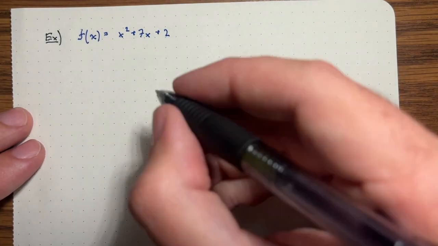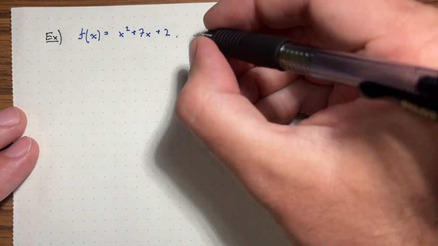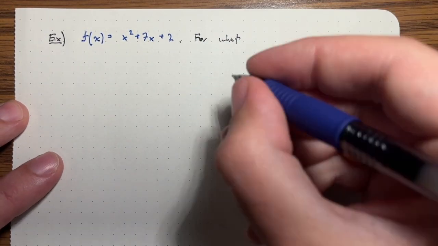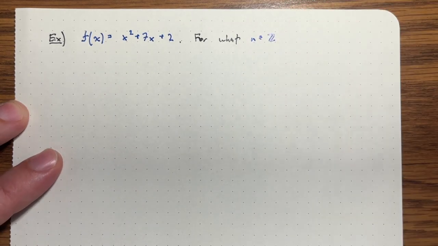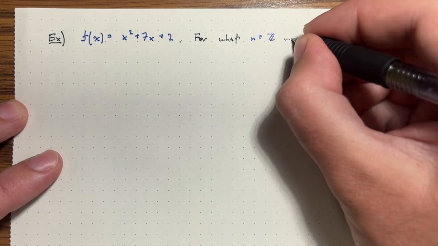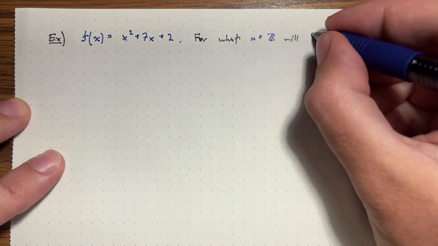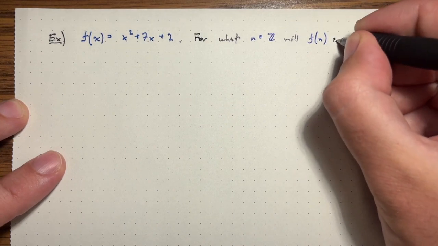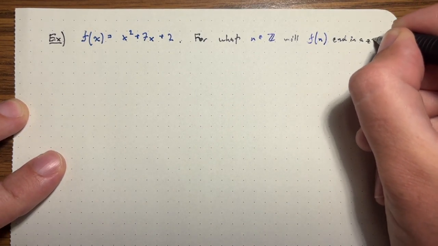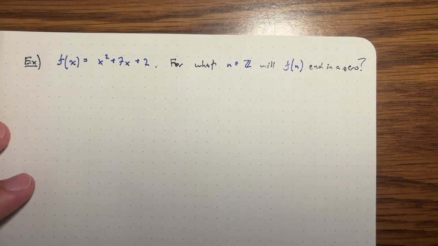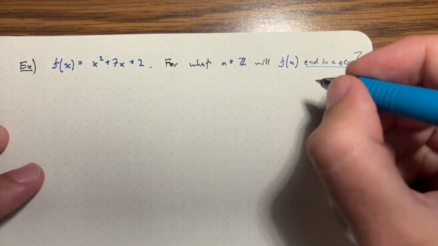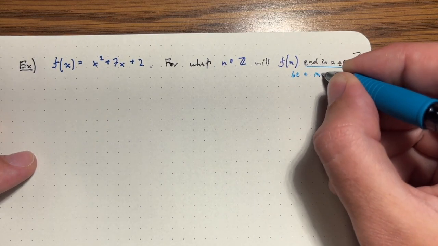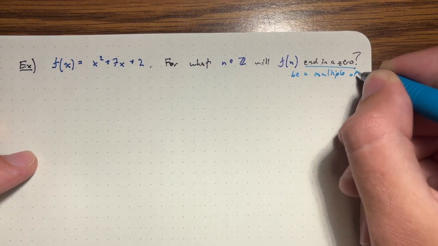And I'd like to ask a question: for what values of n, for what integer n, will the value f(n) of this polynomial end in a 0? What's the translation of this? Will f(n) be a multiple of 10?